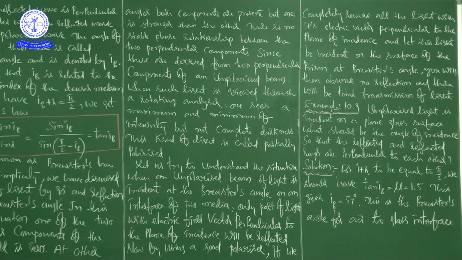So in this picture, the reflected light is linearly polarized perpendicular to the plane of the figure, that is, perpendicular to the plane of the board.